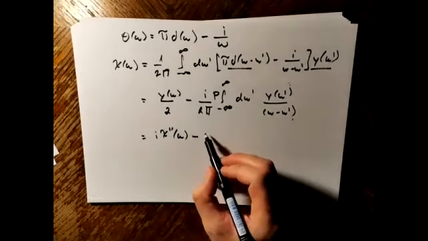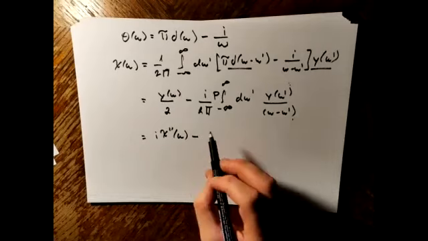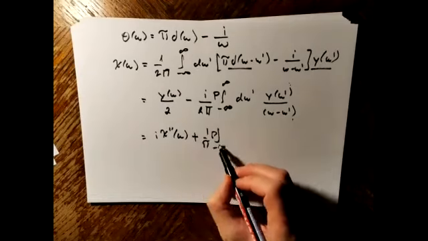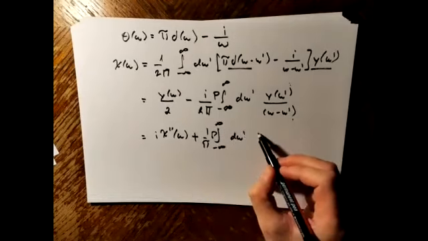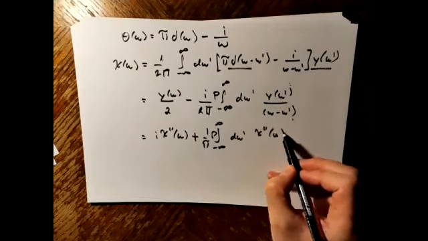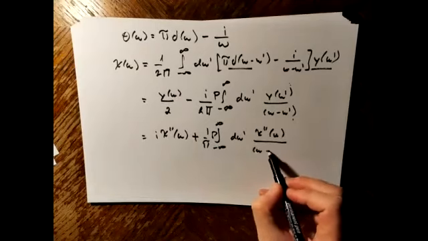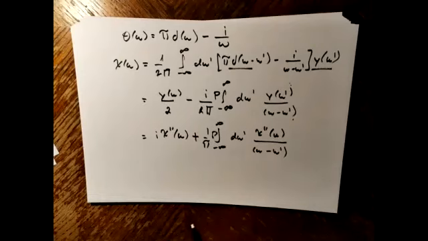Minus, so this is going to be actually plus 1 over π times the principal value, integral from minus infinity to plus infinity dω′ χ″(ω′) divided by (ω minus ω′).